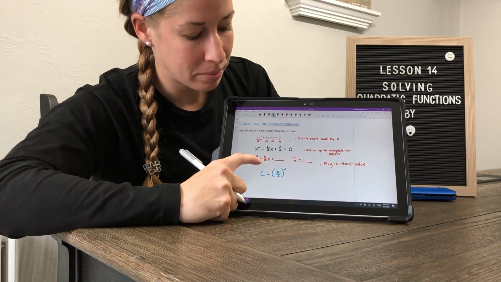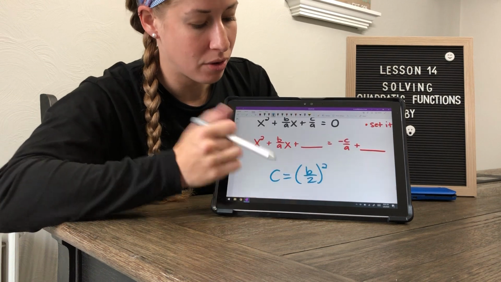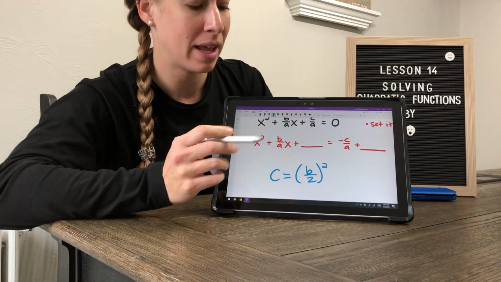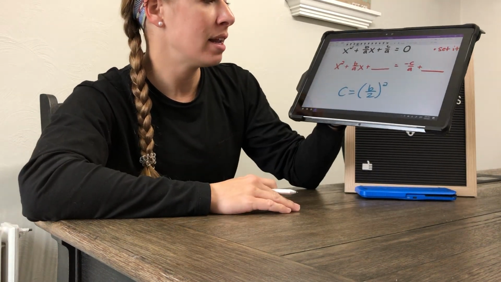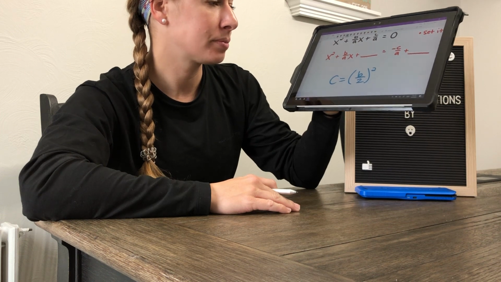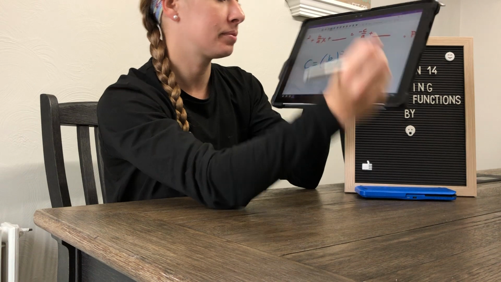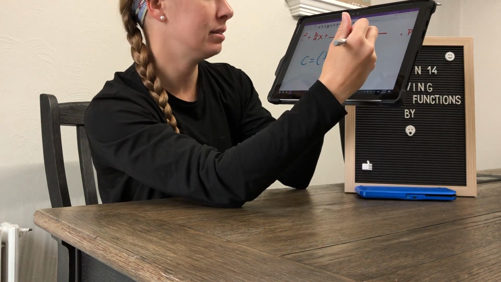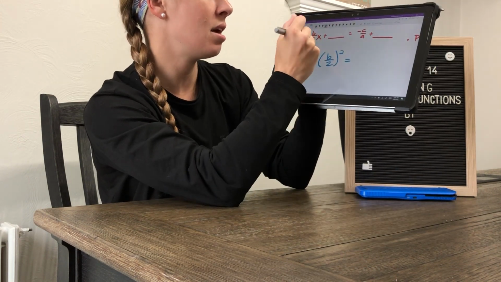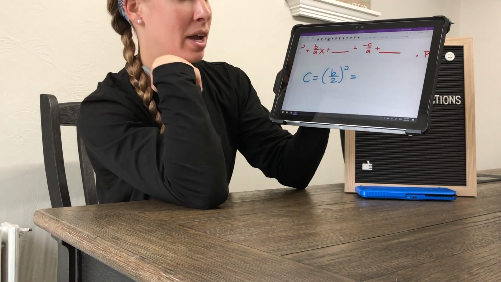Well, in this case, our b value, our coefficient, is b divided by a. So we're dividing that by 2. So what this would look like, we're taking this number and dividing it by 2.